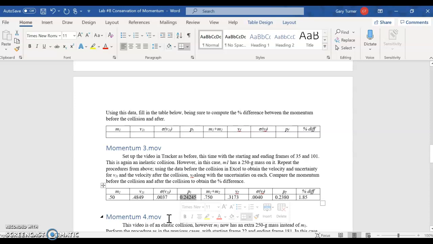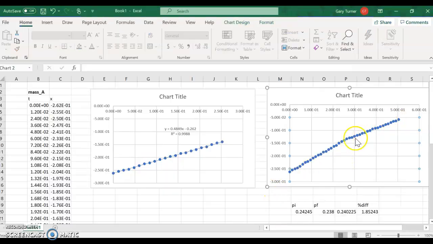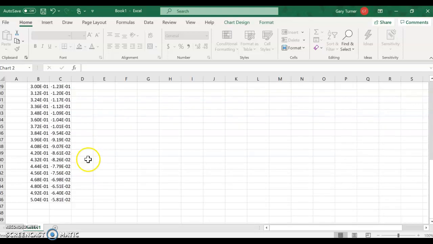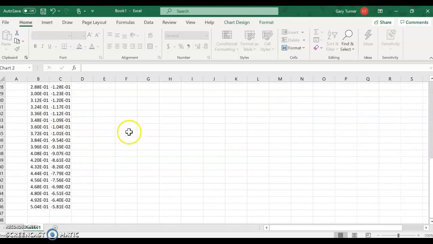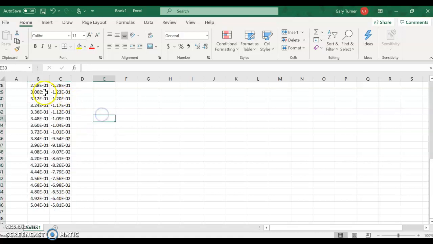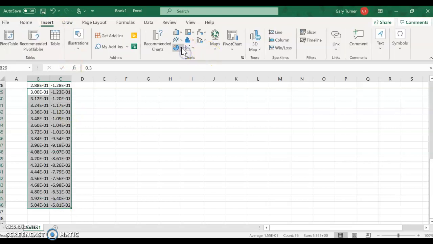Then the next thing to do is calculate the final velocity. I'm going to take the data from about 0.0 seconds and onward, because that's safely after the collision. I'm going to select these data right here, and display the slope of the trend line.